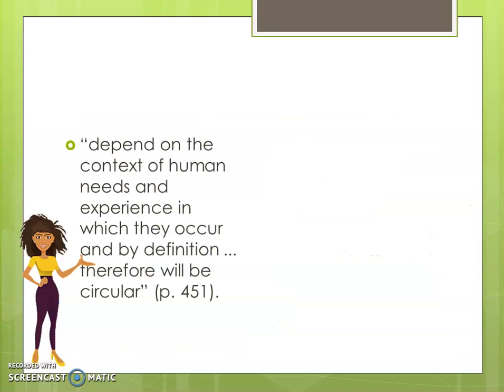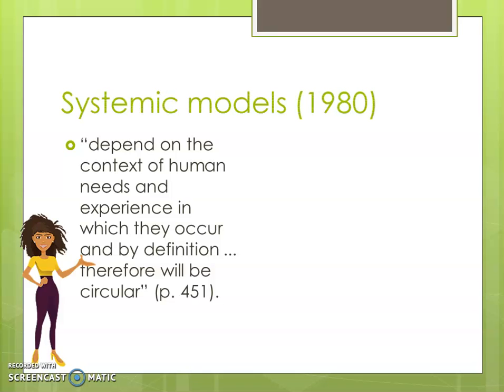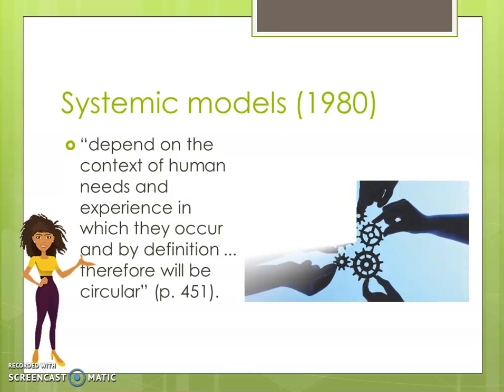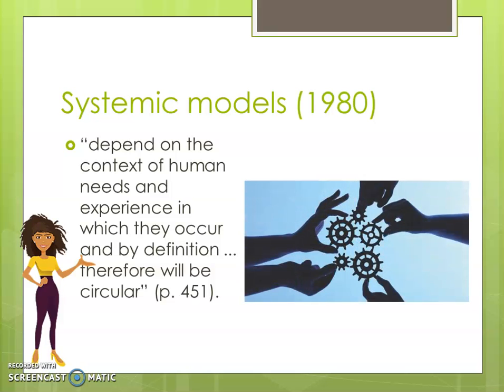The systemic models were born in 1980 and began to notice that the accident phenomenon was not linear, where it is explained that the context itself is circular because factors such as human needs, human experience, and the moment in which they occur must be known. Its main function is to search for the failure in the system, since it was recognized that the occurrence of an accident is not only due to human factors.